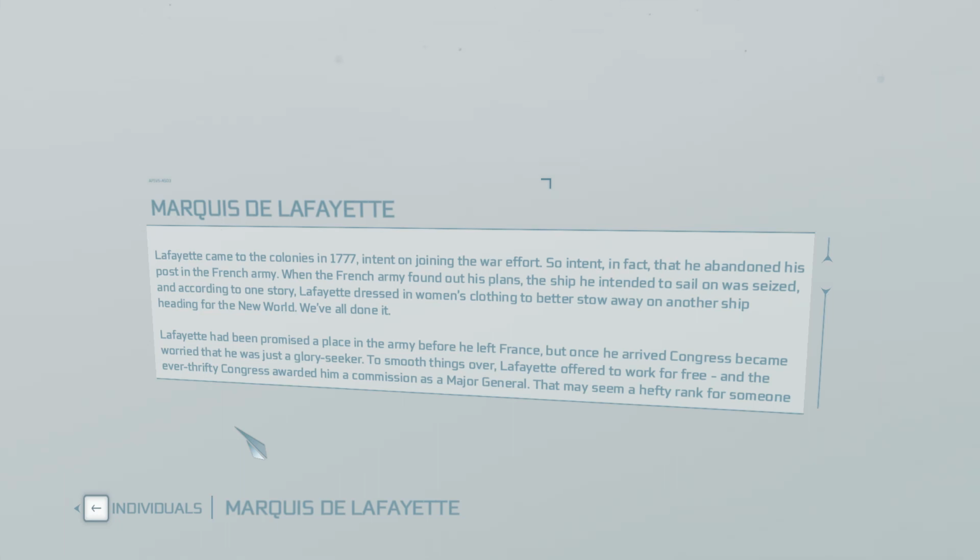That may seem like a hefty rank for someone who wasn't quite 20 years old, but Lafayette was both rich and a French noble, and at the time Congress was hoping to secure more aid from the French government. It would have made me suspicious.